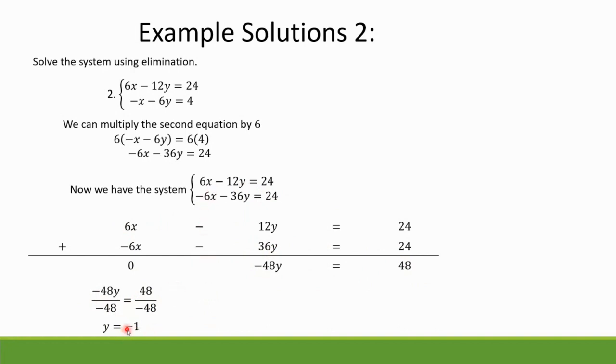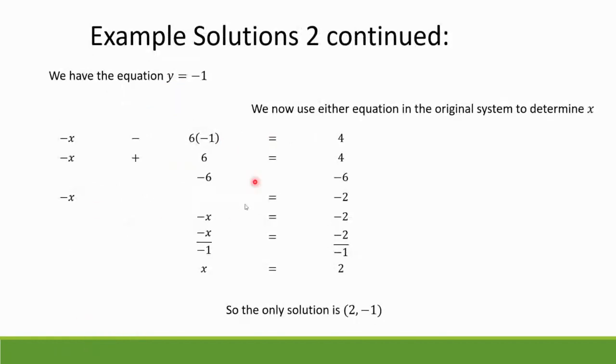But what we can do is take this y and plug it in to either one of the two original equations. Now notice the coefficient of x in the second equation, -1, is a little bit easier to deal with than 6. So I'm going to plug this in to the second equation, but either equation you can actually plug it into.